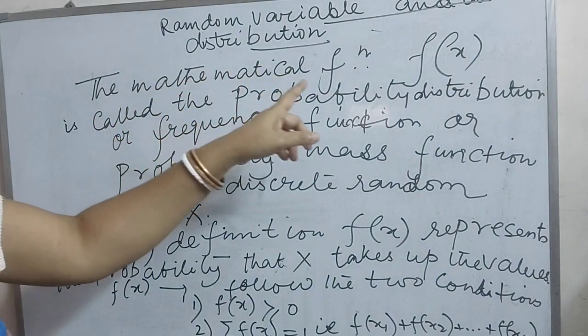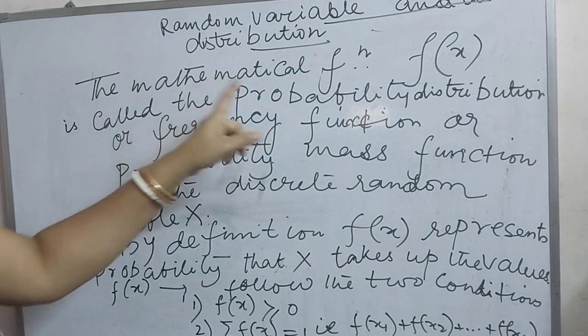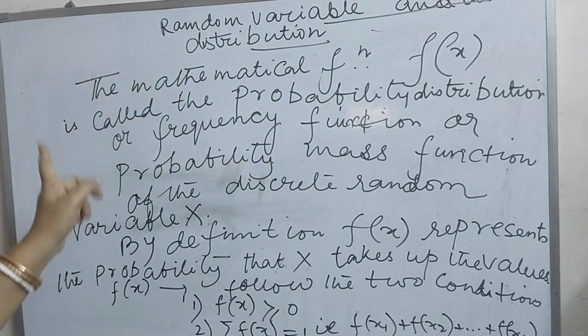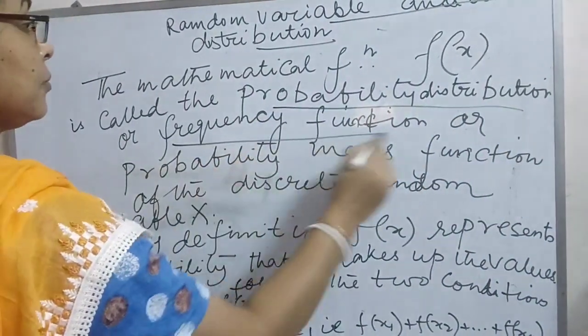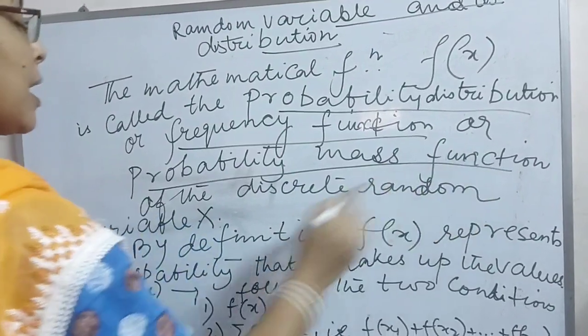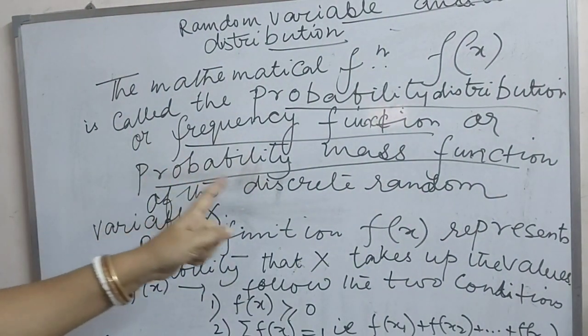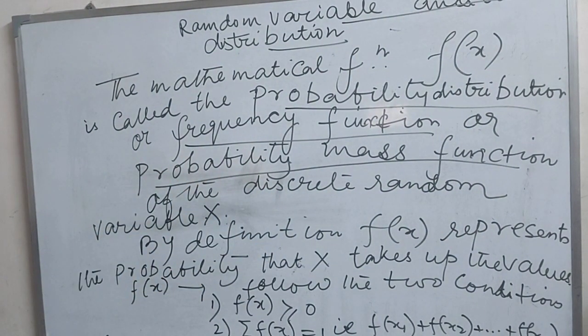The mathematical function f(x) is called the probability distribution or frequency function or probability mass function of the discrete random variable X. By definition, f(x) represents the probability that X takes up the value x. f(x) must follow two conditions.